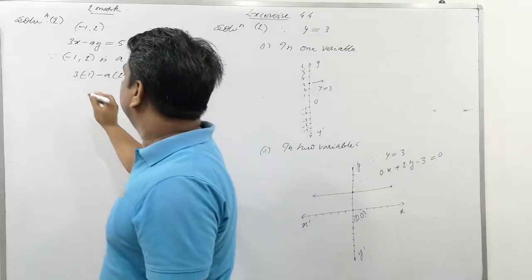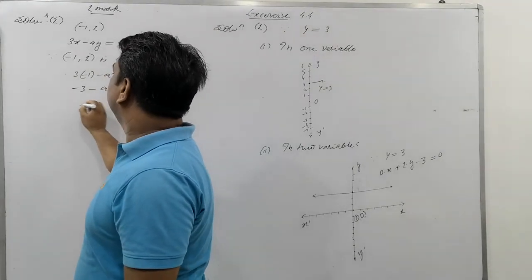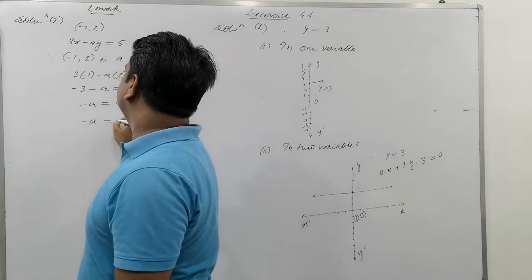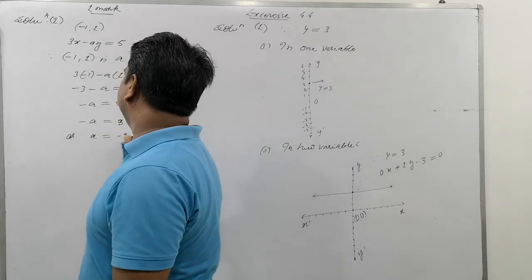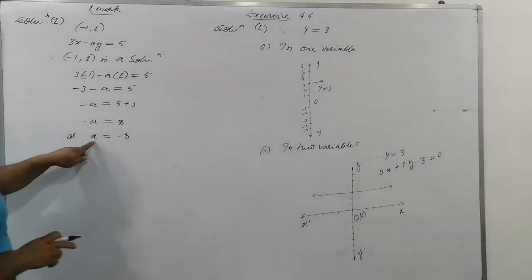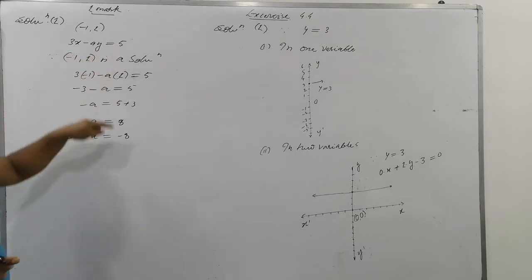What will come in this term? It's minus 3 minus a is equal to 5. So minus a is equal to 5 plus 3. Minus a is equal to 8, so a is equal to minus 8. It means if you substitute minus 8 in place of a, it will satisfy the equation. Okay, this is the technique.